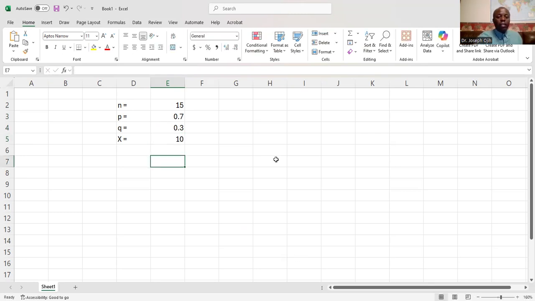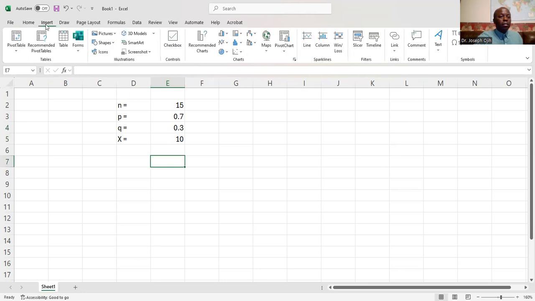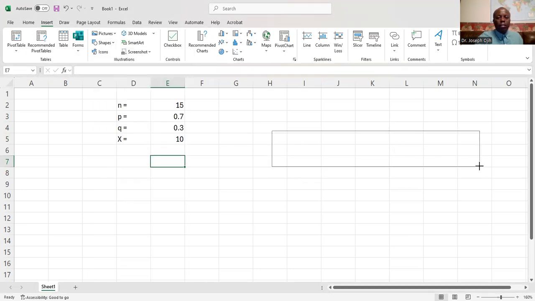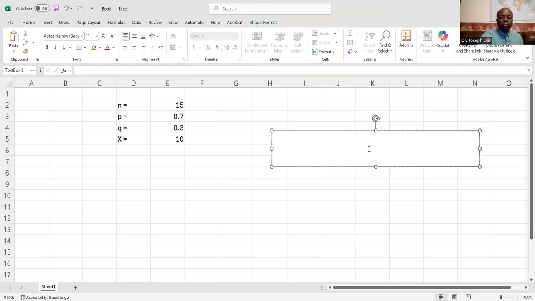So for Excel, all you need is, you have all this here. The Excel formula, let me put it in a way that you can see it here. Put the equal sign, BINOM.DIST.